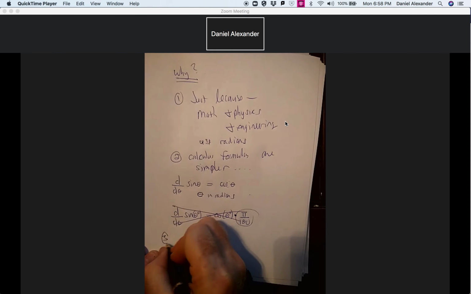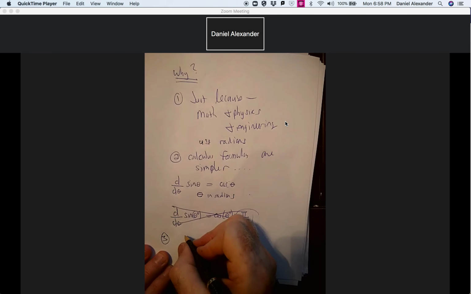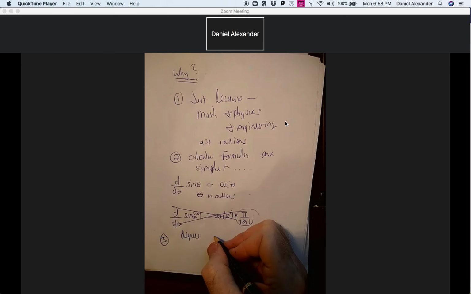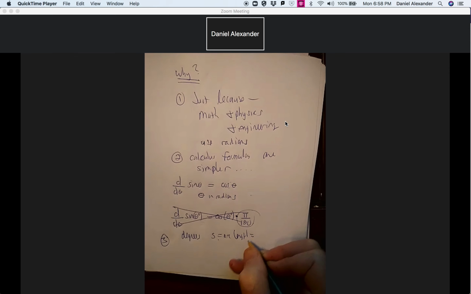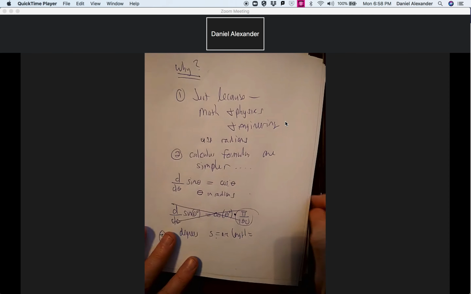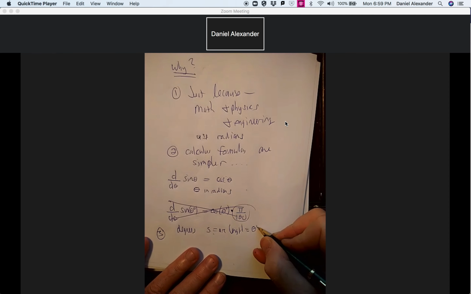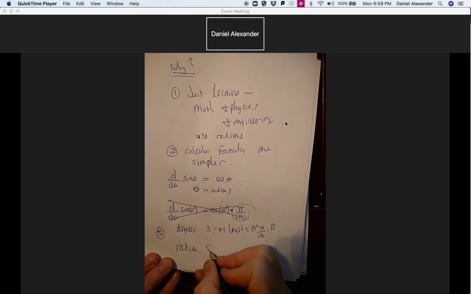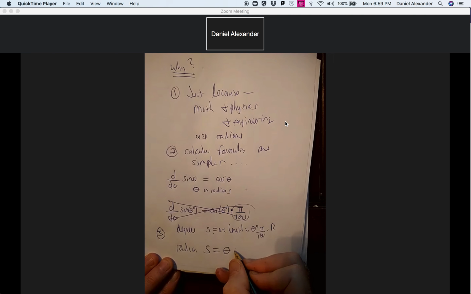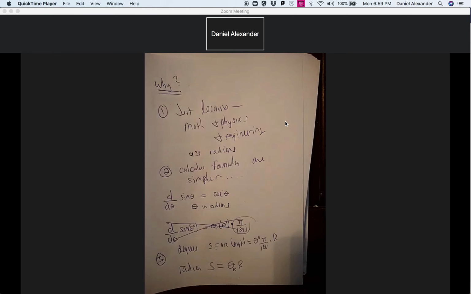And we're also going to see that, as we saw before with degrees, our arc length is equal to our angle times pi over 180 times r. And then if we use radians, S is just going to be equal to the angle in radians times the radius.